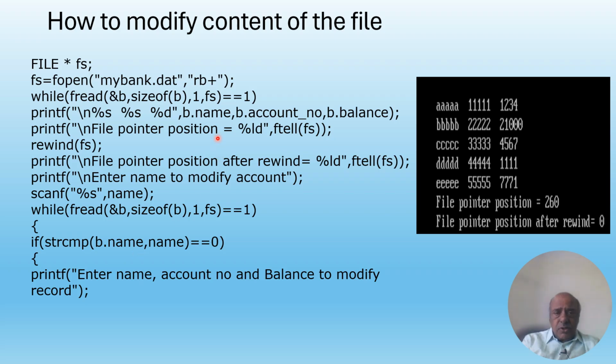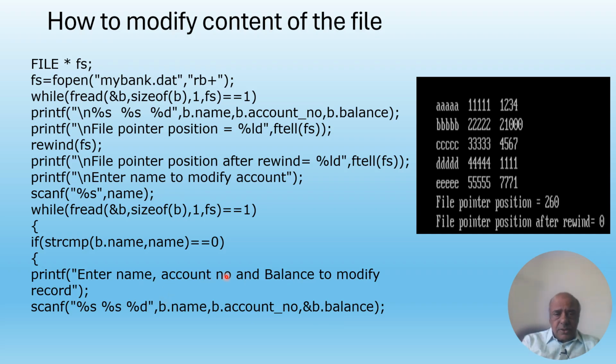In this case, we are asking the user to enter the data such as account name, account number and balance to modify the record, and we assign these values to a structure variable with b.name, b.account_no and &b.balance.